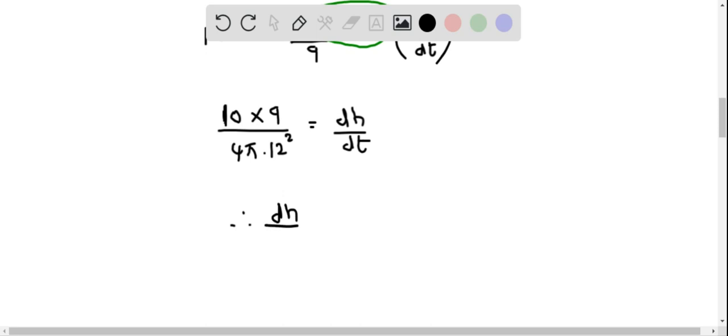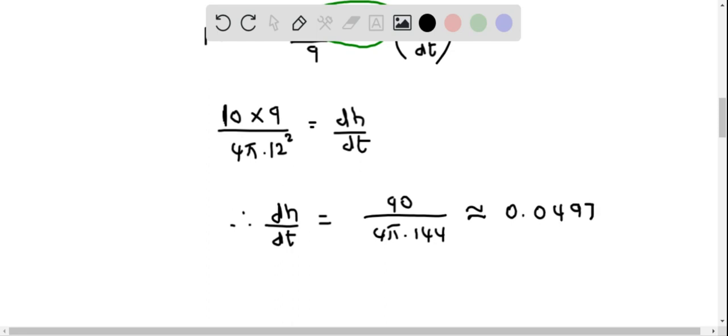Let's rearrange and write dh over dt equals 10 times 9, which is 90, over 4 pi times 12 squared, which is 144. And this is approximately equal to 0.0497, approximated to 4 decimal places. When we put this complete numerical expression into the calculator, we get this value. And we also put the unit, feet per minute.